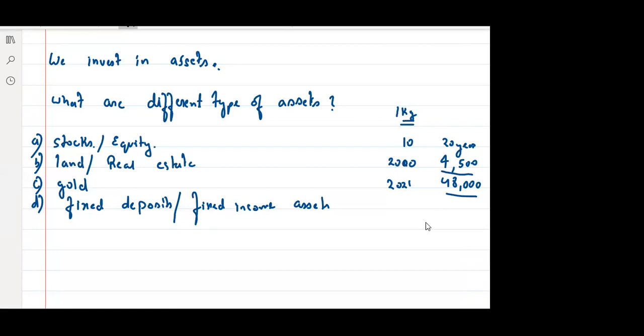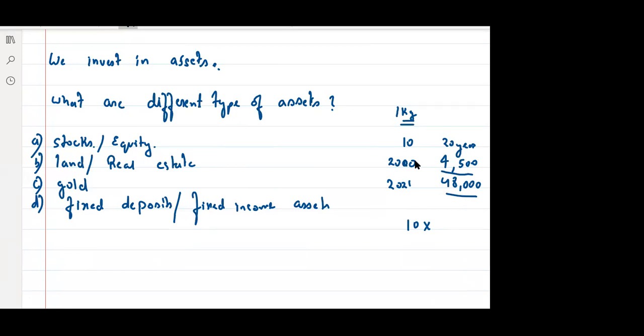Yes, exactly. In 2000 the amount was 10 times less. So gold is an asset. Clear.